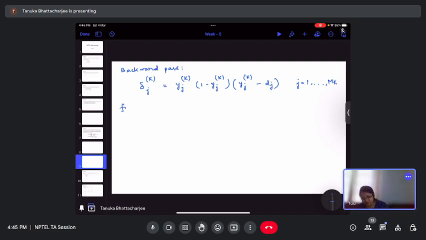Now you have to propagate this error to previous layers. For that, for small k equal to capital K minus 1 to 1, you have to do this formula. You can derive that formula if you consider the squared error loss.